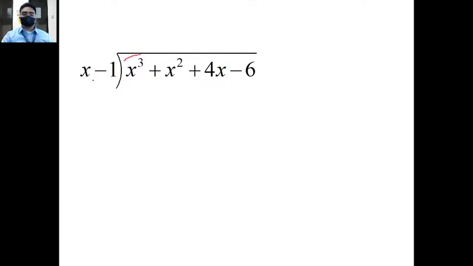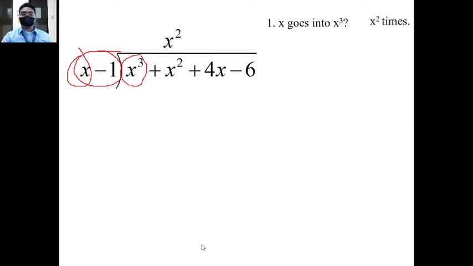Going back, we are going to divide the first term of this polynomial by the expression, which is x. So if you divide x cubed by x, the answer will be x squared. So in the first place, we divide the x into our x cubed, and the answer is x squared.